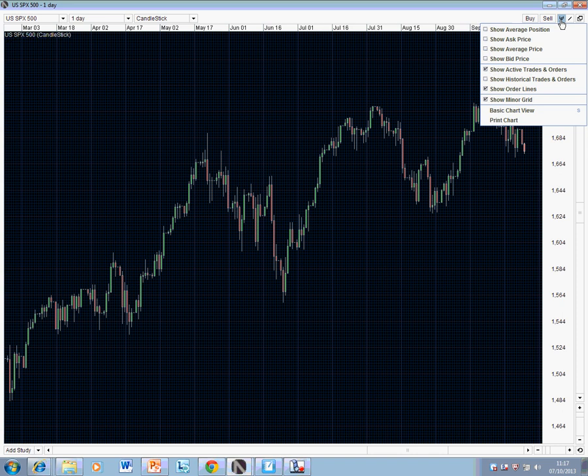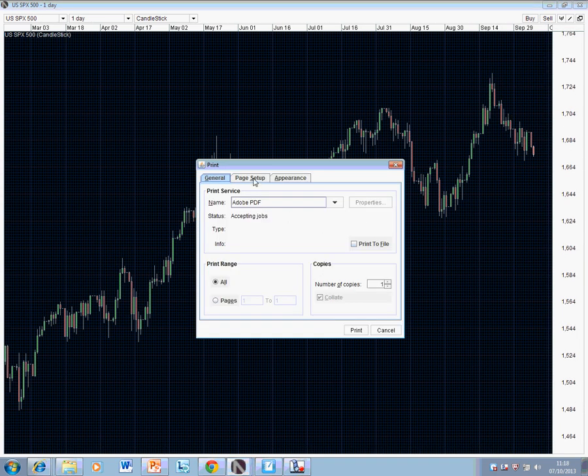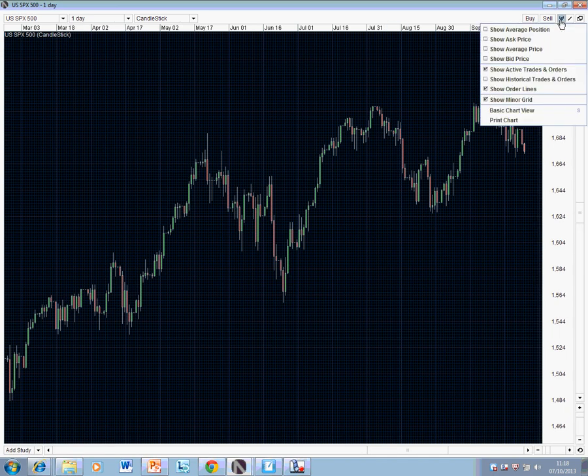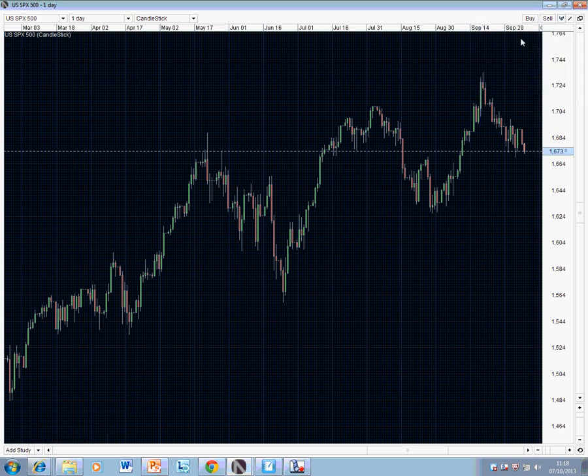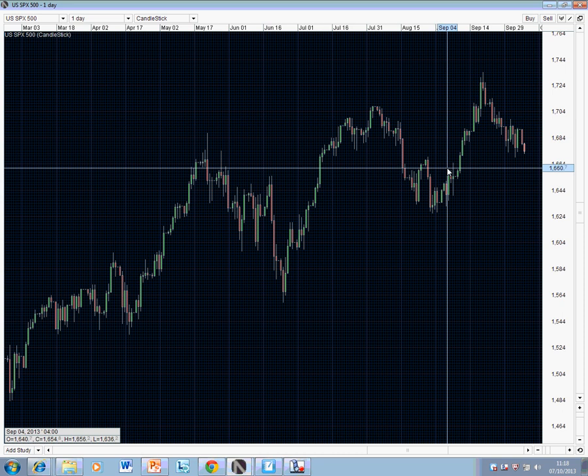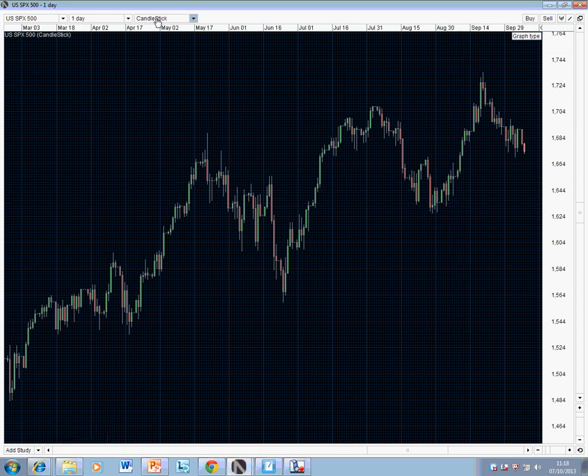Now, you can change the price chart by using the functions that are available there. Okay.